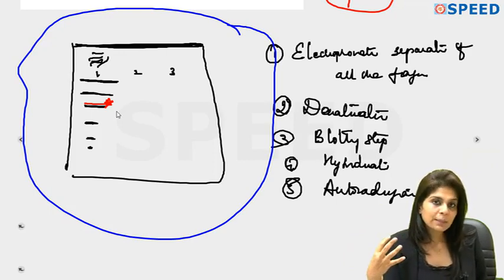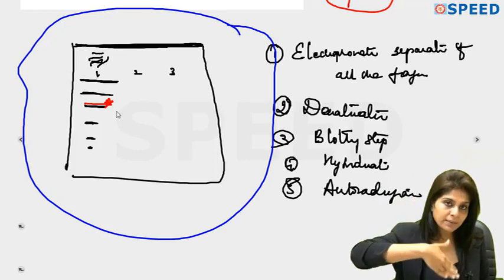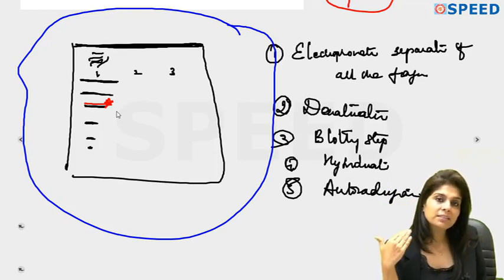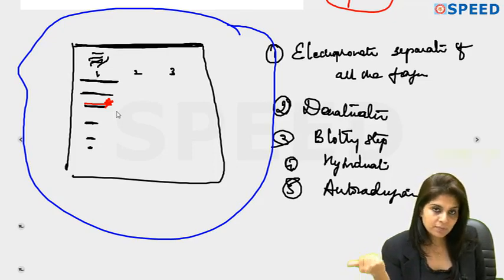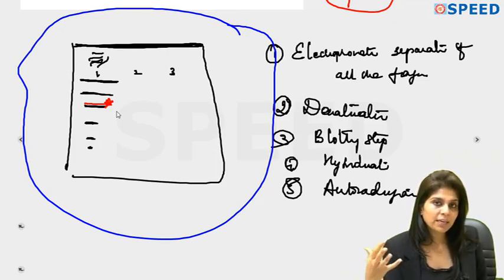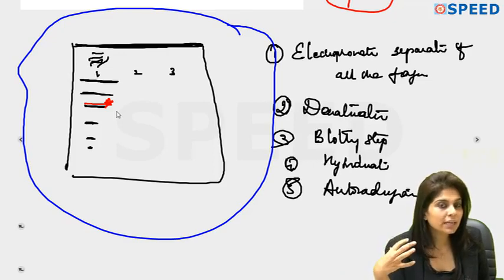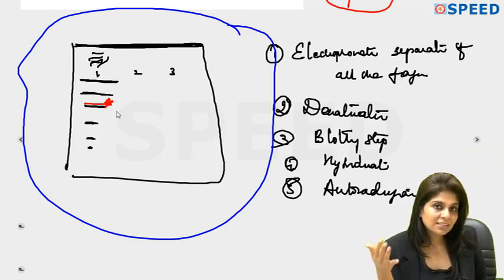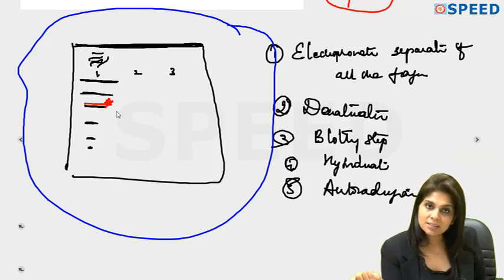So these radiolabeled probes try to find complementary sequences on all these bands. Once they find complementary sequences, they hybridize. So it's a hybridization step. After you give enough time for hybridization, you wash away the excess unbound probe and you expose it to X-ray. That's called the autoradiogram step. And by visualizing the autoradiogram, you will know which band has got the gene of interest.